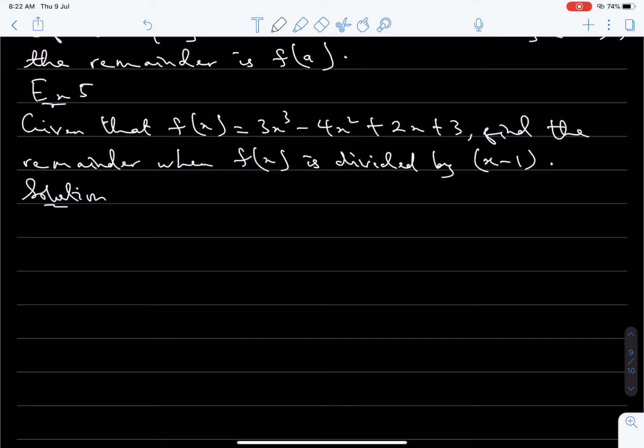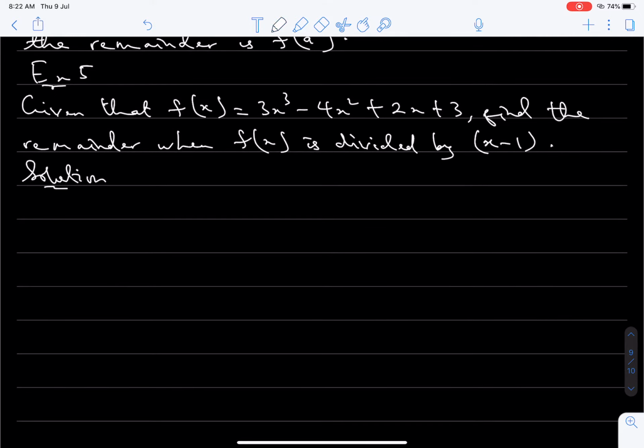Solution. Now, we already know what the remainder theorem is about. If you divide a polynomial f of x by x minus a, the remainder is going to be f of a. And that's the approach we are adopting here for this division.